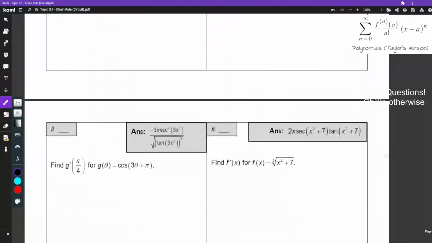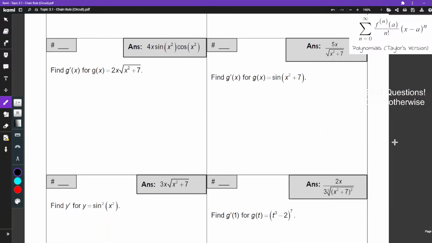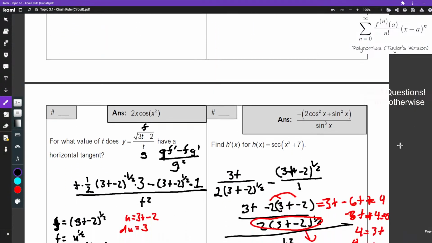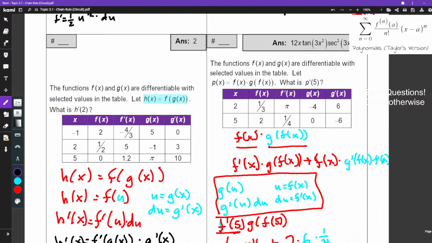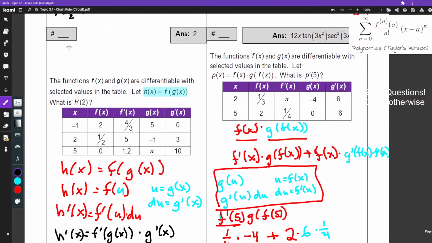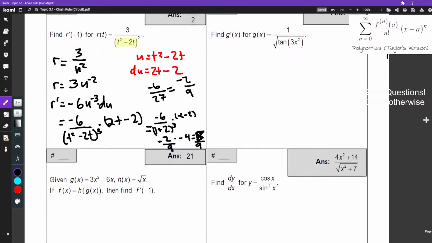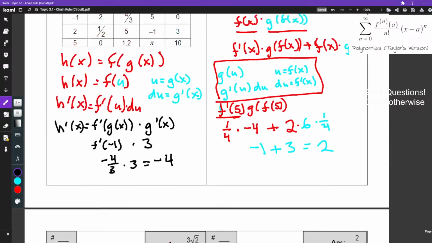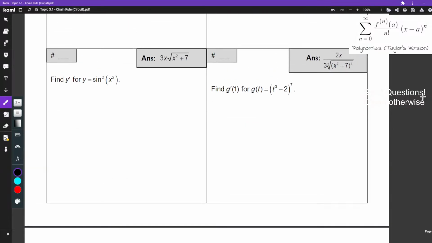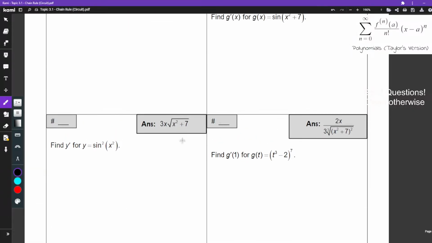So that one is like one on the quiz, so I'll put a star next to it. The other one that's going to be on the quiz looks a lot like this one, star.